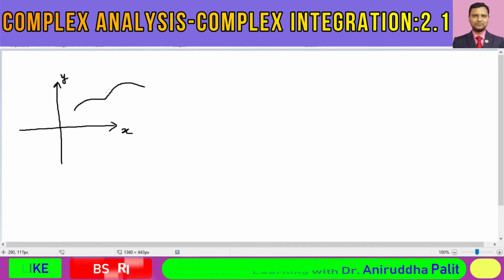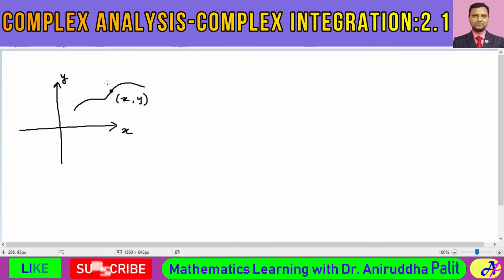If you consider any point on this line, say its coordinates are x comma y, this is the point, say capital P, having coordinates x comma y. In that case, the coordinates of the point P are changing from the initial point capital A to the final point capital B.